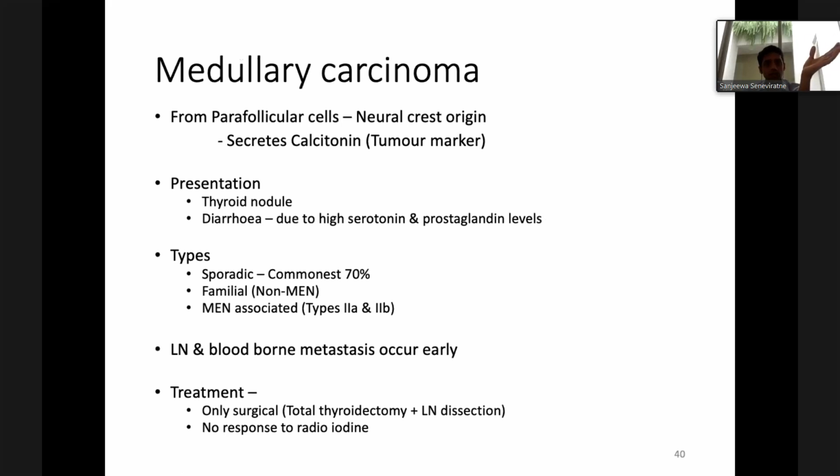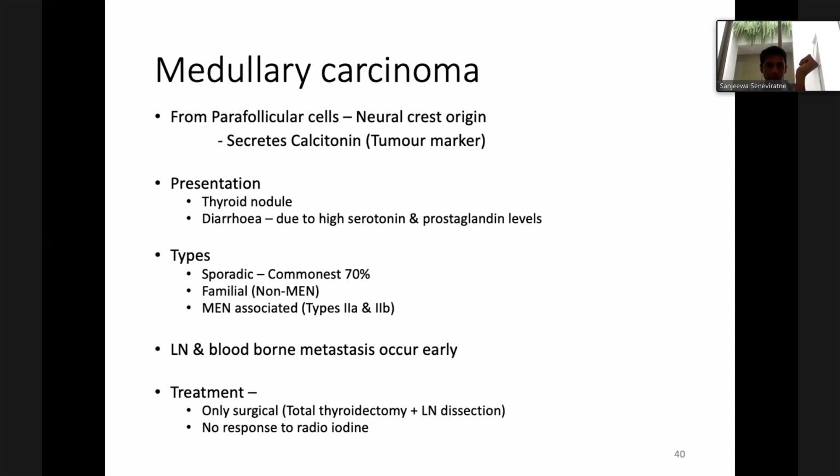Moving on, we have discussed malignancies arising from follicular cells. Now, the next malignancy arises from parafollicular cells. Here, the malignancy is called medullary carcinoma of the thyroid. Presentation is pretty much similar to a thyroid nodule.